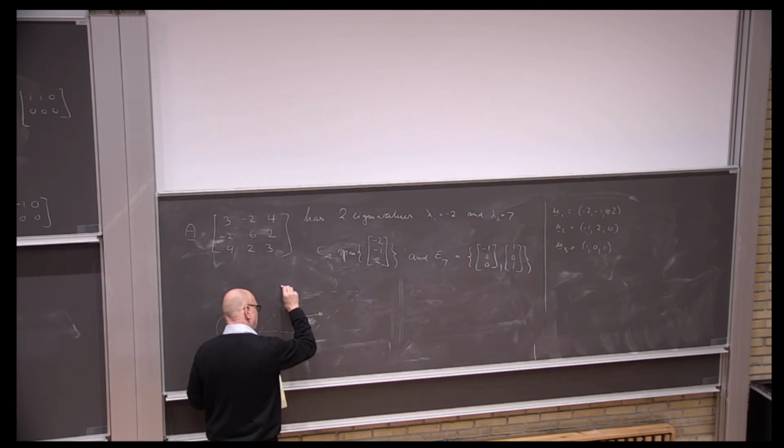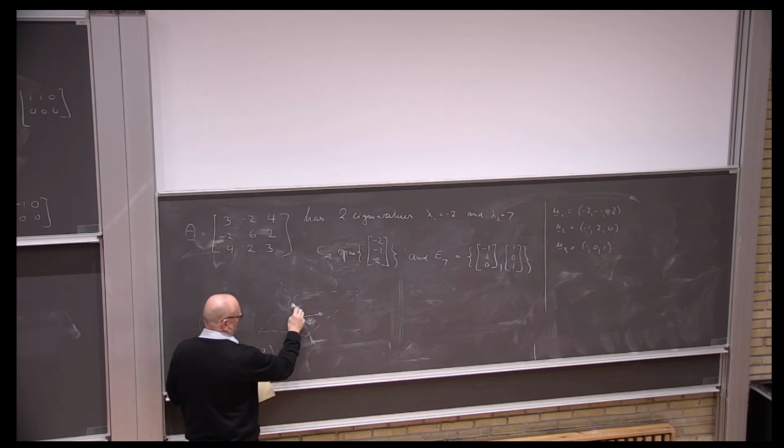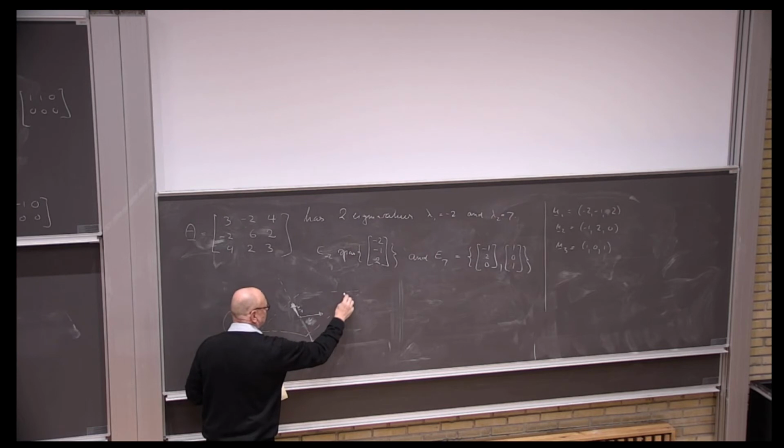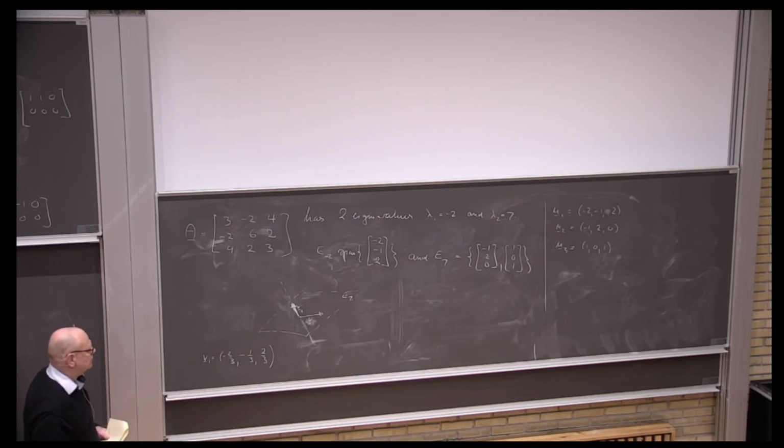You see, I draw here my first vector, v1, that is perpendicular to all of this, which is the eigenspace corresponding to the eigenvalue 7.